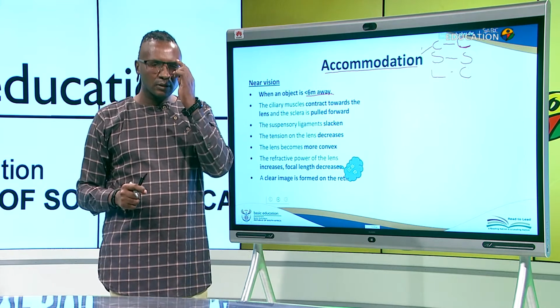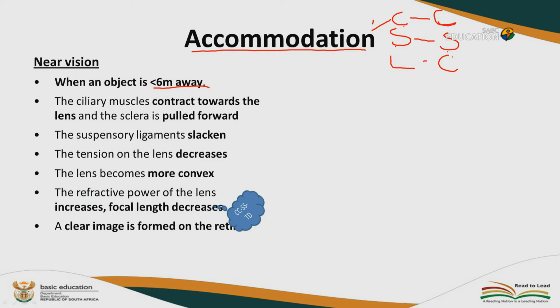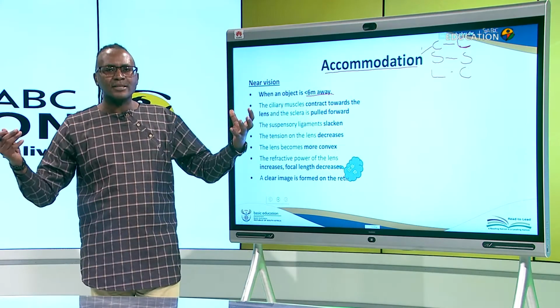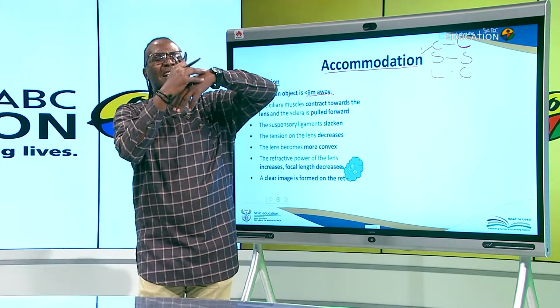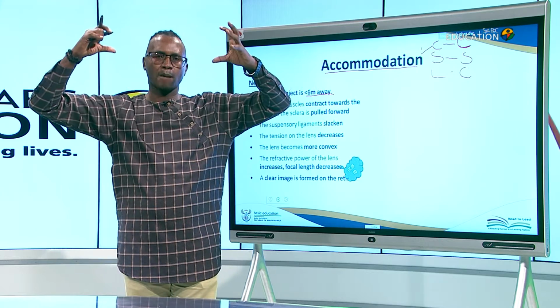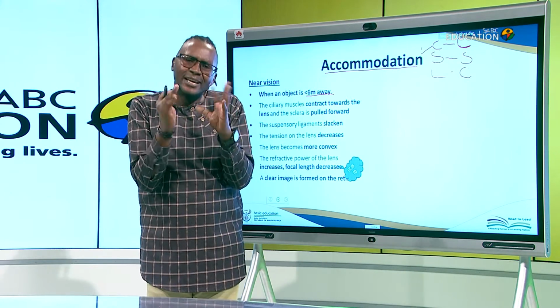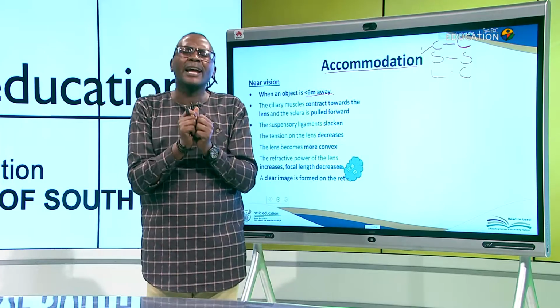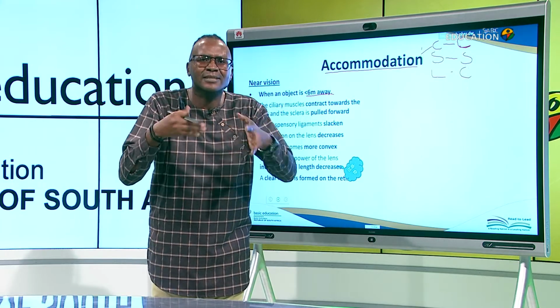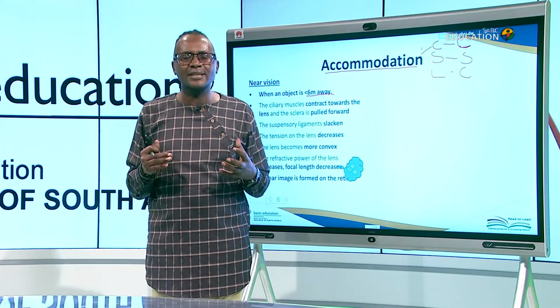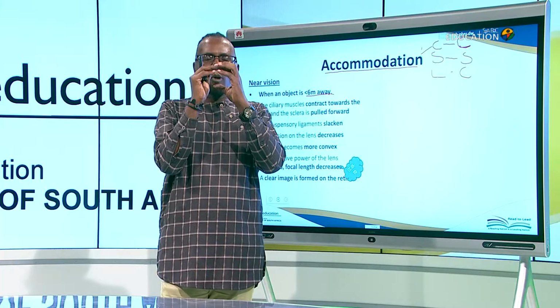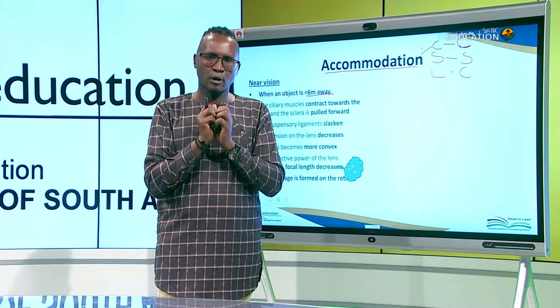Near vision: the ciliary muscles contract. When the ciliary muscles contract, the suspensory ligaments slacken, and there is no tension on the lens. So the lens becomes more convex, more rounder.